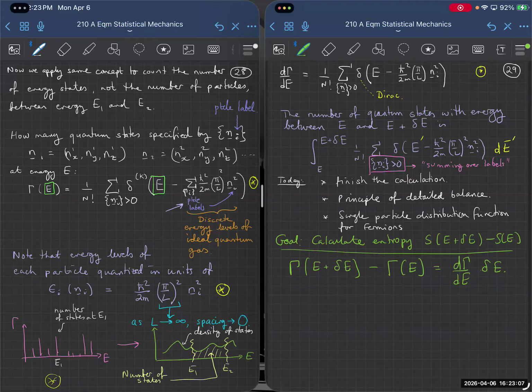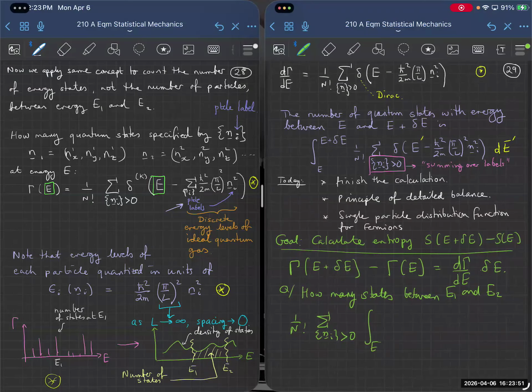And so if I want to compute how many states there are between E1 and E2, what I have to compute is the 1 over n factorial, the sum over the quantum numbers being positive definite, and then the integral from E1 to E2 of delta of E prime minus h bar squared over 2m, pi over L squared, sum of ni squared, dE prime.